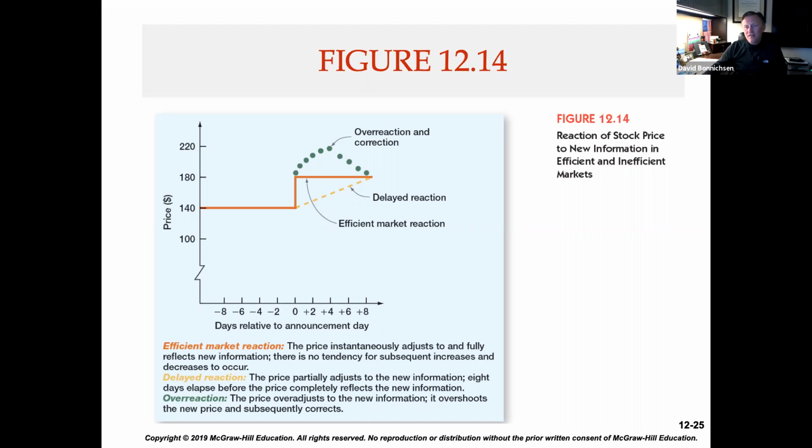So the stock price moves up slowly to the more fair valued price. So in an efficient market you'd see the step change, but in reality you're going to get one of these overreaction and correction or delayed reaction scenarios.